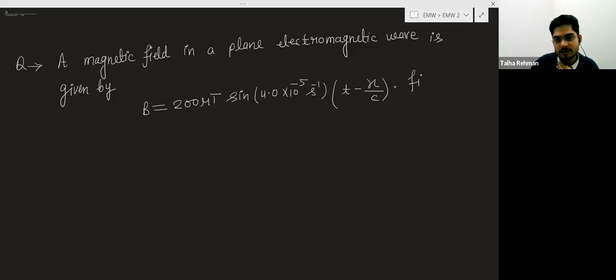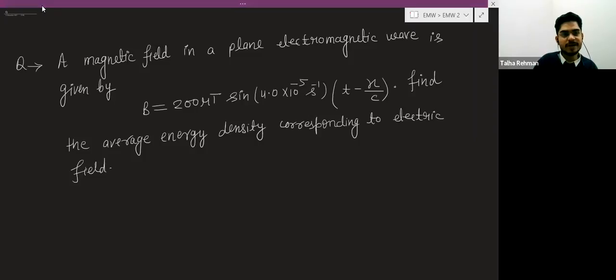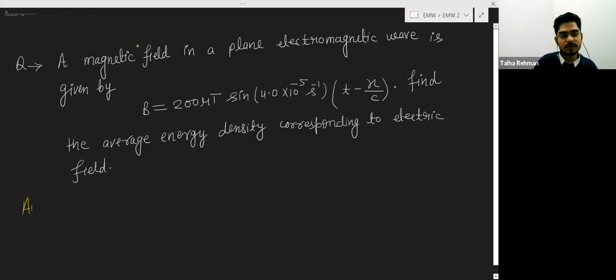They are asking, find the average energy density corresponding to the electric field. Very easy question. You have to identify the omega and all that.